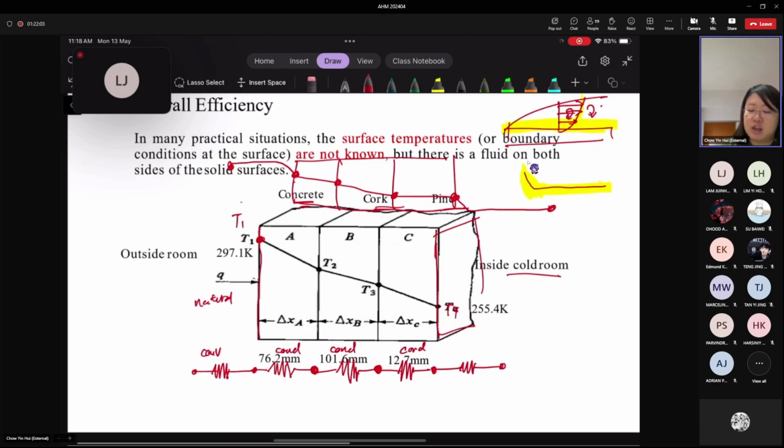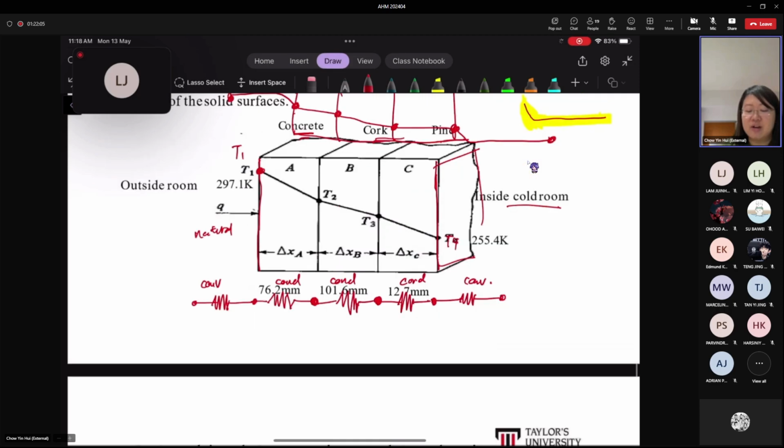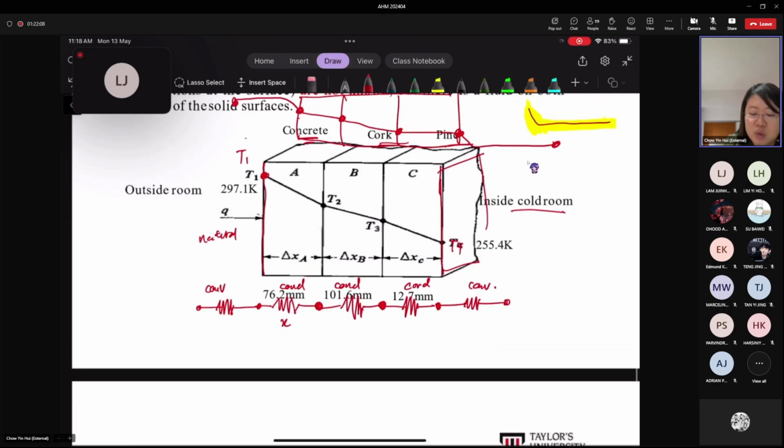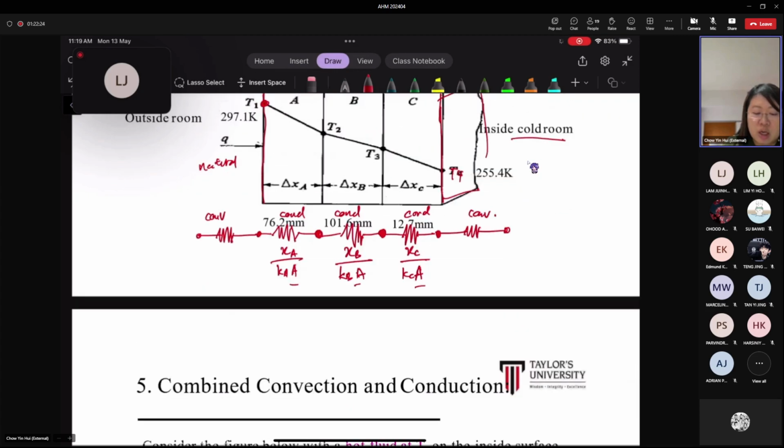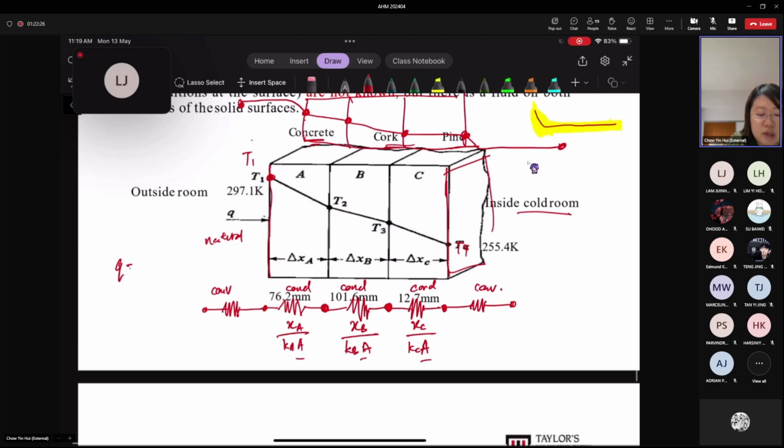Now coming back to here. As you know, for conduction the resistance would be expressed as xc over kc multiplied by A, where the area would be the same because it's a solid slab. While for convection, if you recall, the rate of heat transfer is expressed as the convective heat transfer coefficient multiplied by area multiplied by temperature difference.